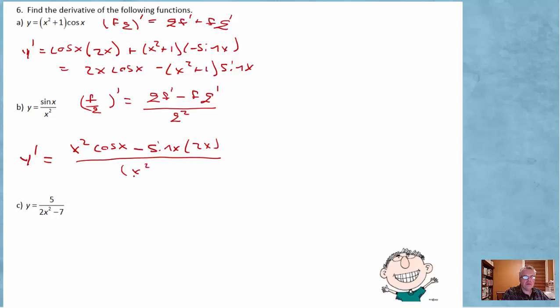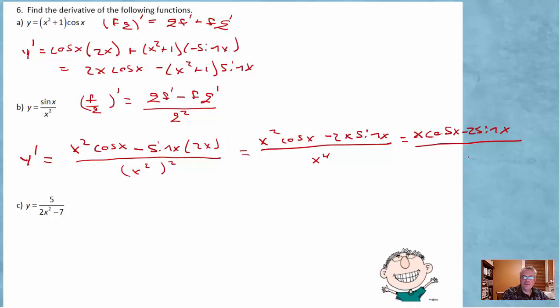X squared squared. This looks very familiar. I think we've done this one a couple times. So this is x squared cosine x minus 2x sine of x all over x to the fourth. We can divide everything by x. We have done this. So this is x cosine x minus 2 sine of x all over x to the third. Alright, that's the derivative of that one.